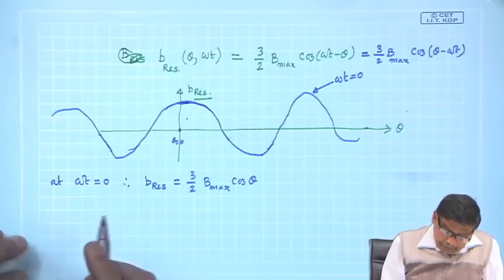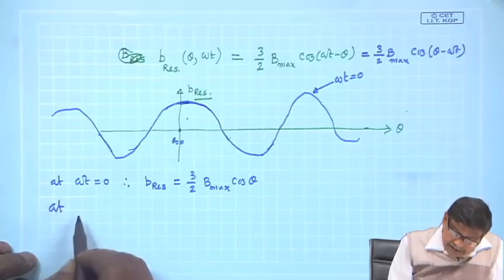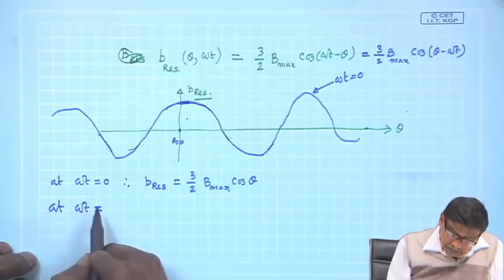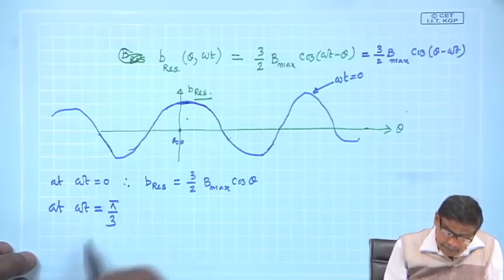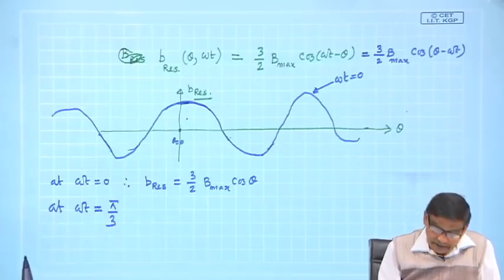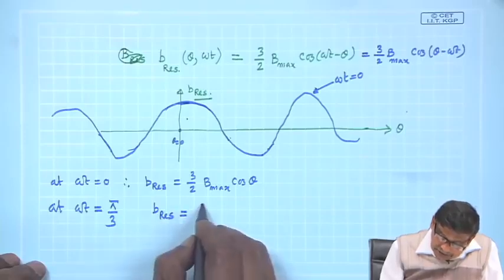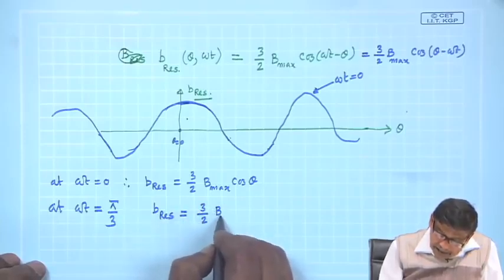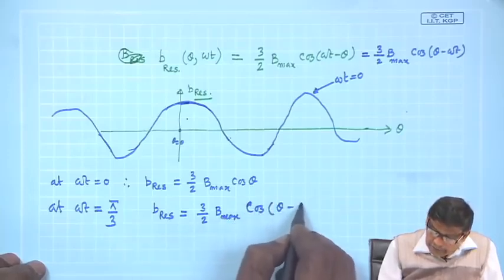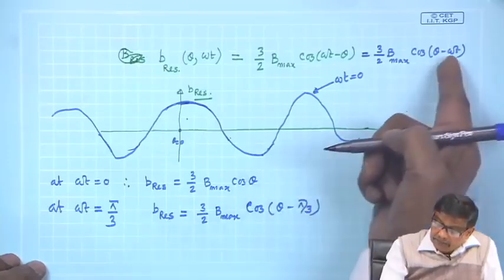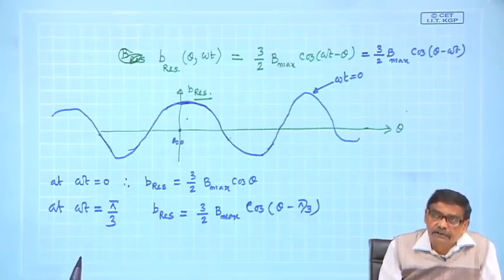Now, if time passes and, say, omega t becomes equal to pi by 3, what will be B resultant? B resultant will be 3 by 2 B max cosine theta minus pi by 3, because omega t is now pi by 3, some time has elapsed.